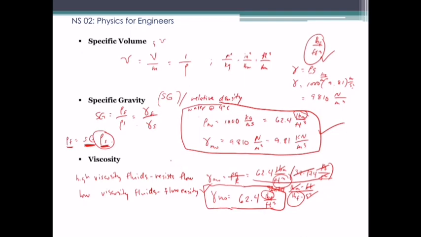Again, you shall have more of this when we have your fluid mechanics.